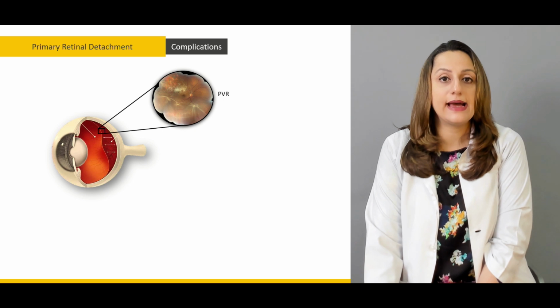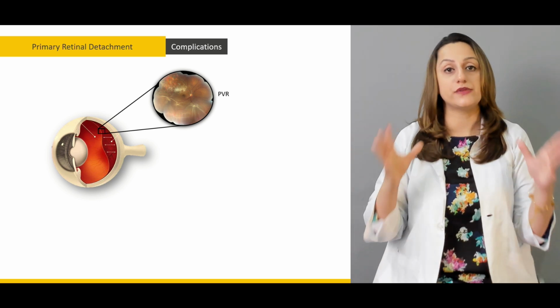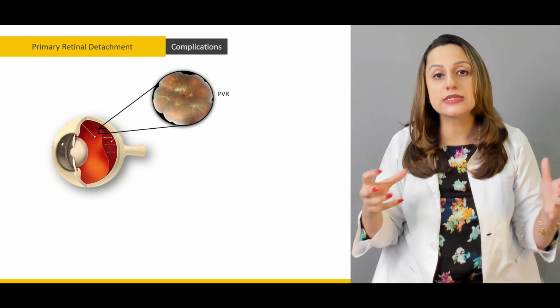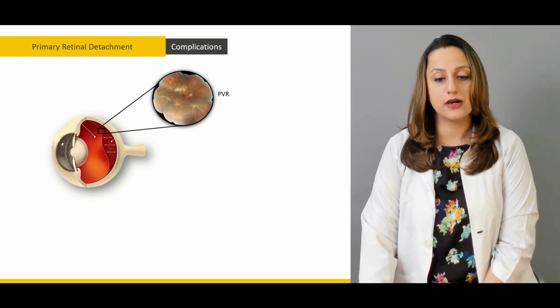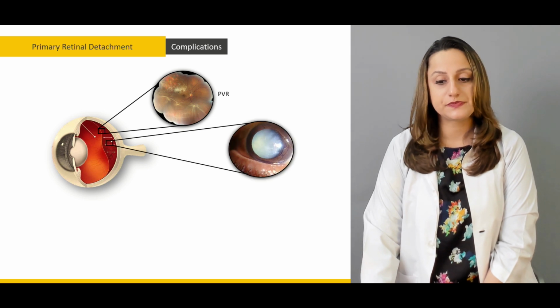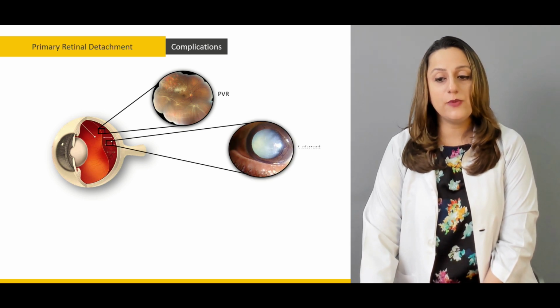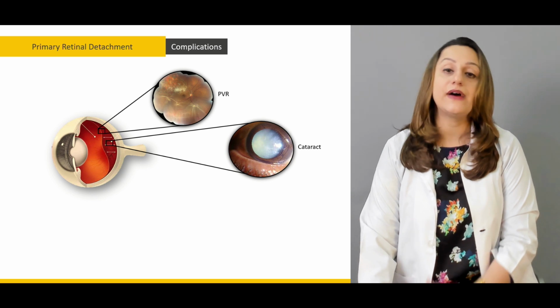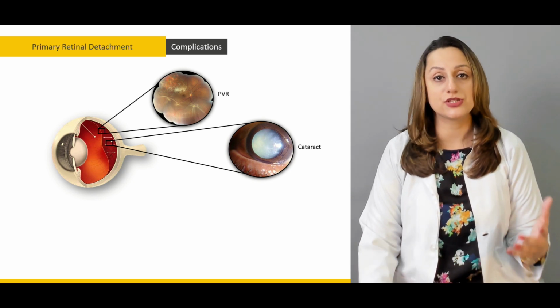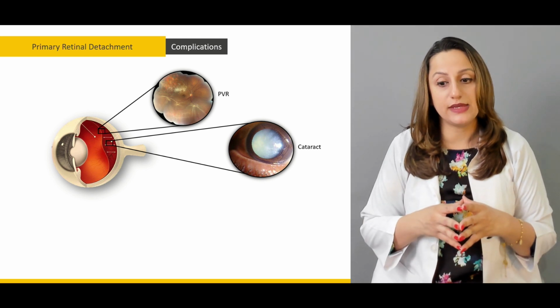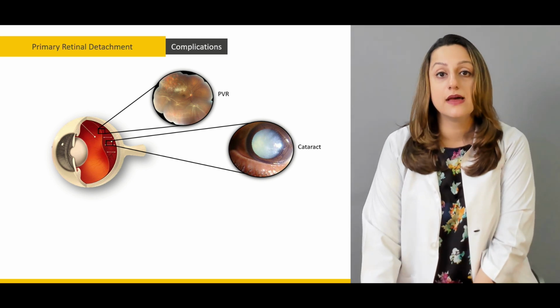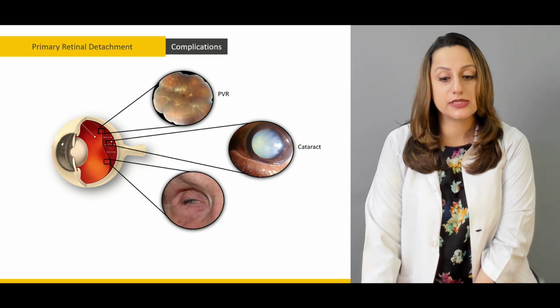First of all, we can have primary vitreous traction, sometimes involved relating to the ora serrata of the retina. So the vitreous is sometimes involved along with the retinal detachment. And then we have cataracts. There can be mature cataracts that are usually associated with primary retinal detachment.